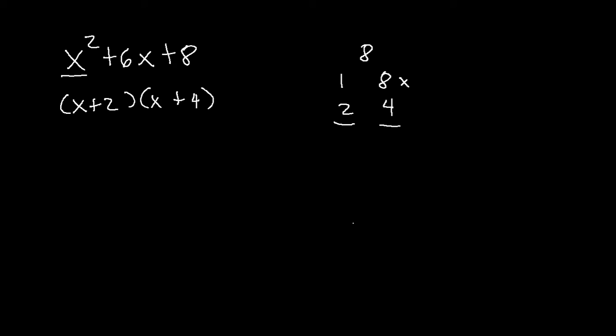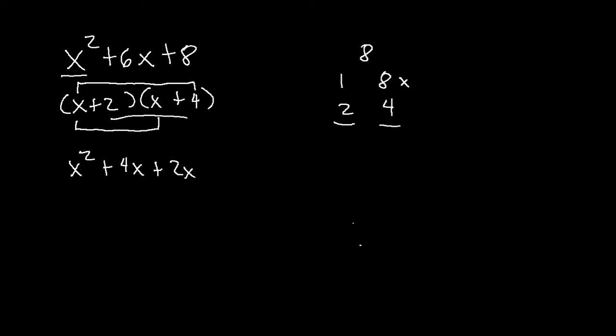Now if we want to check whether we got the correct factors, we can simply multiply both of our factors and see if we return to our original expression. We use the FOIL method to multiply these two terms. x times x will be x squared, and then x times 4 will be positive 4x. 2 times x is 2x, and then 2 times 4 is 8.